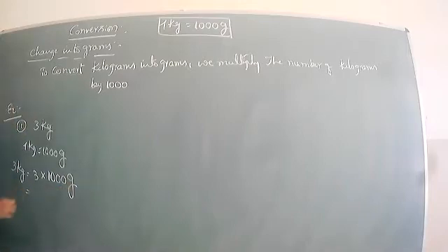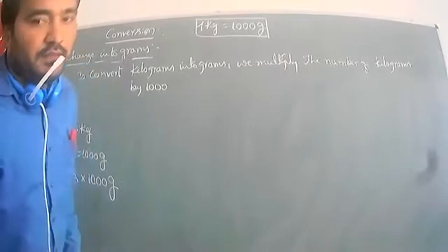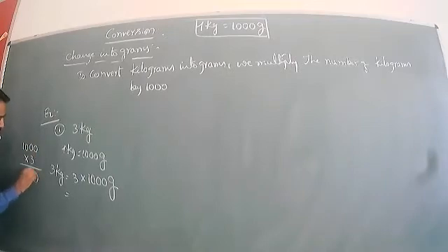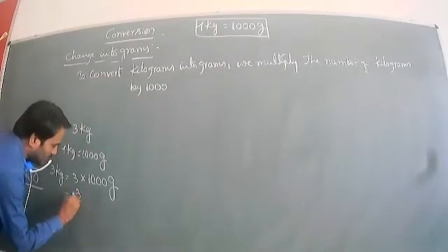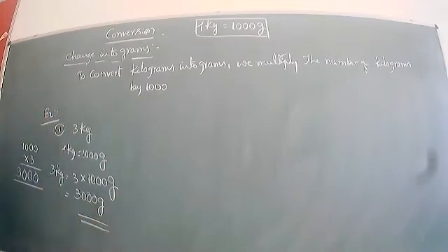We get 3 into 1000. How to multiply? 1000 into 3: 3 times 0 is 0, 3 times 0 is 0, 3 times 0 is 0, 3 times 1 is 3. So what is the answer? 3000 grams. This is the answer.